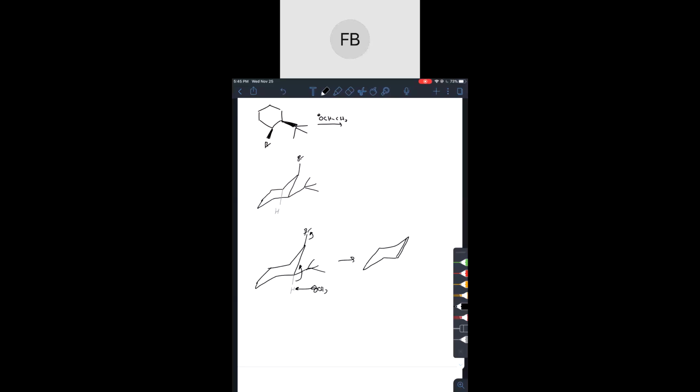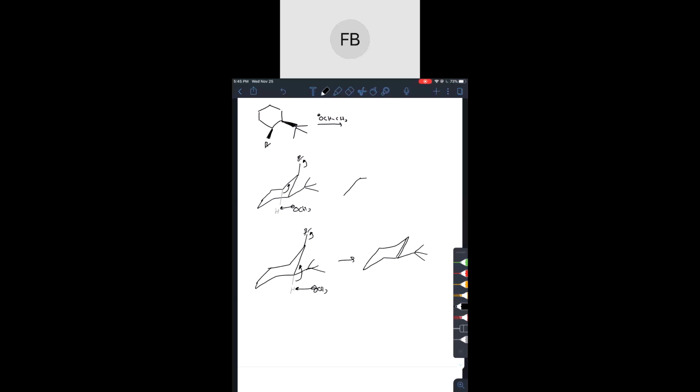Again, sorry, the bromine had to have protonated first. And then for the next one, the one on top of that, again, this base attacks the beta hydrogen, and then it forms a double bond.